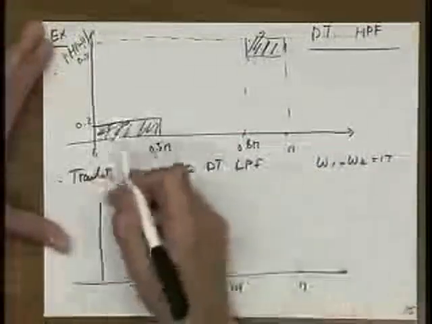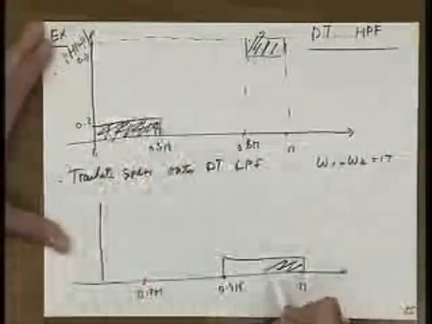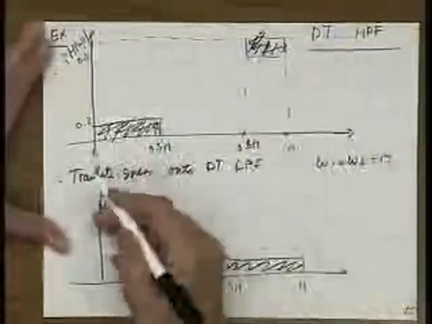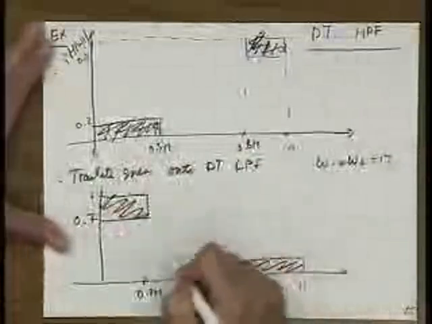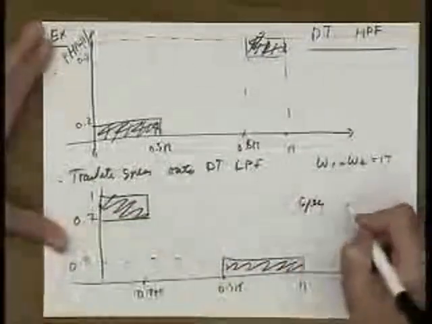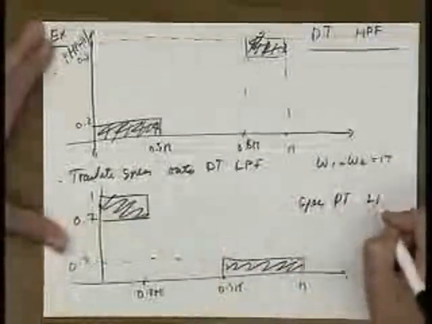So this spec here gets mapped into this spec here, and this spec here gets mapped into this spec here. So 1, 0.7, and then 0.2. So that's our specs for the discrete time low pass filter.